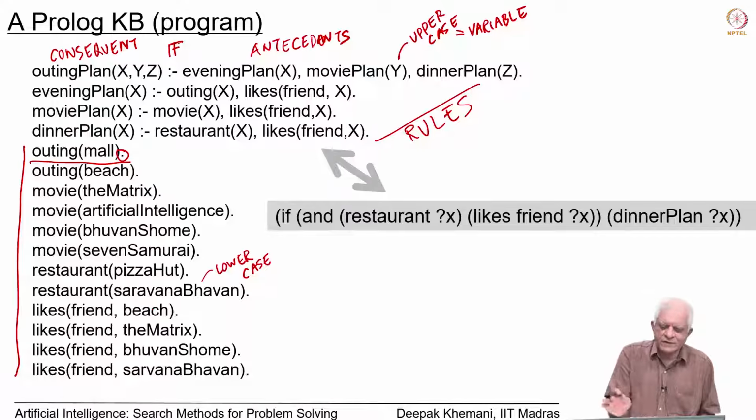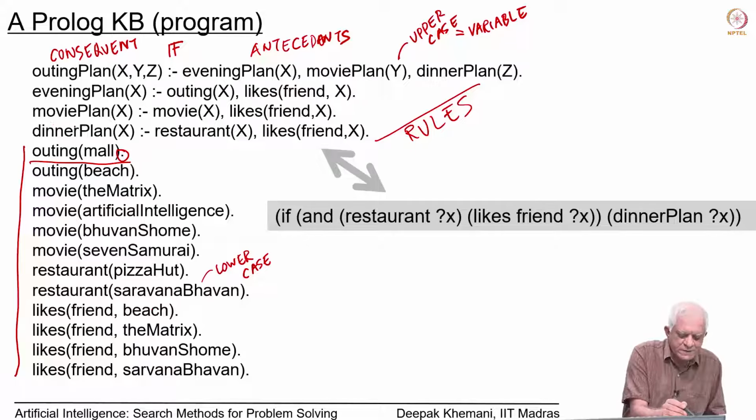So, you are moving from left to right and reading it as saying that the consequent is true if the antecedents are true. So, if you look at the fourth rule here, which is the dinner plan rule, it says x is a dinner plan. Remember, x is a variable. If x is a restaurant and your friend likes x.